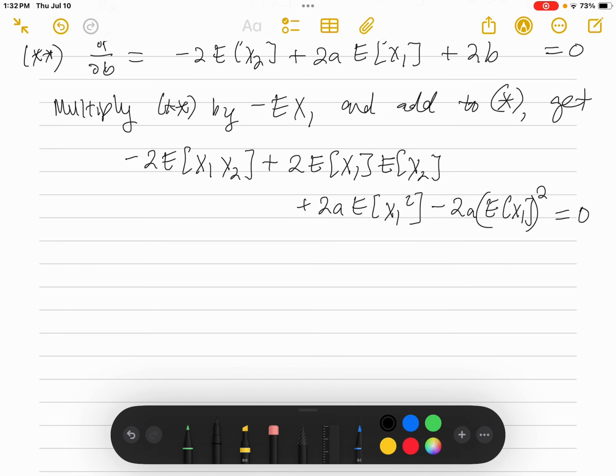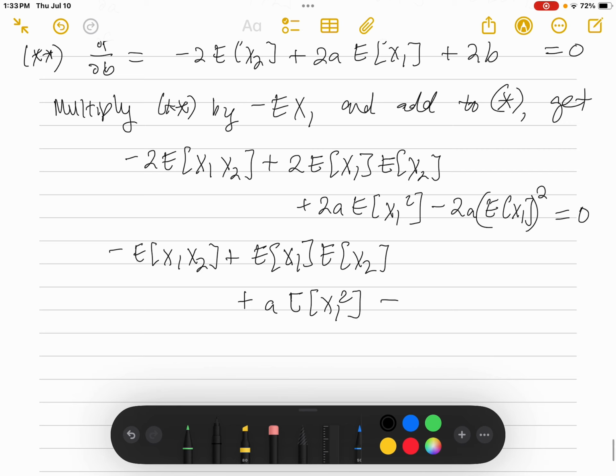And now we divide everything by 2, and then we solve for a. So we're going to get -2 expectation, we divide by 2, right? So negative expectation of x1, x2 plus expectation of x1 times expectation of x2 plus a times expectation of x1 squared minus a times the expectation of x1, and then this whole thing squared equals 0.